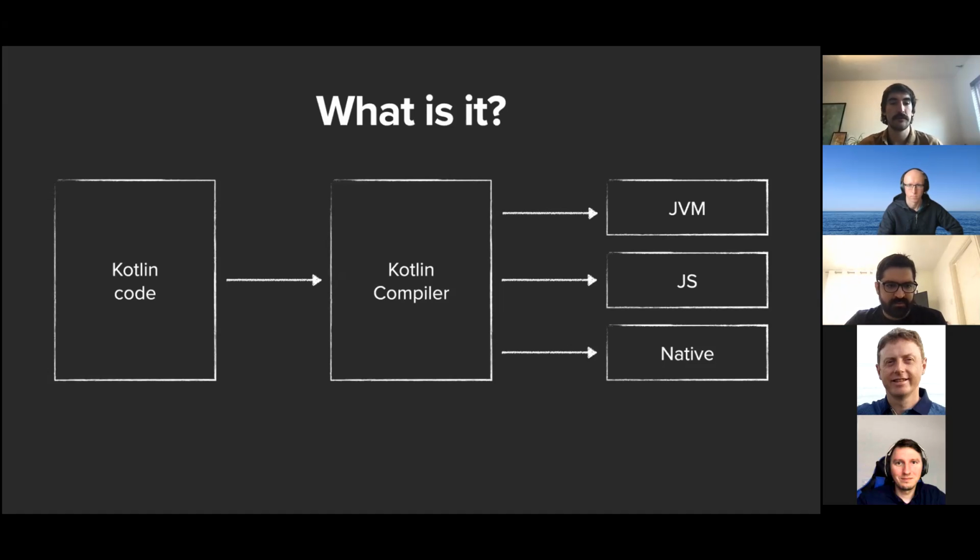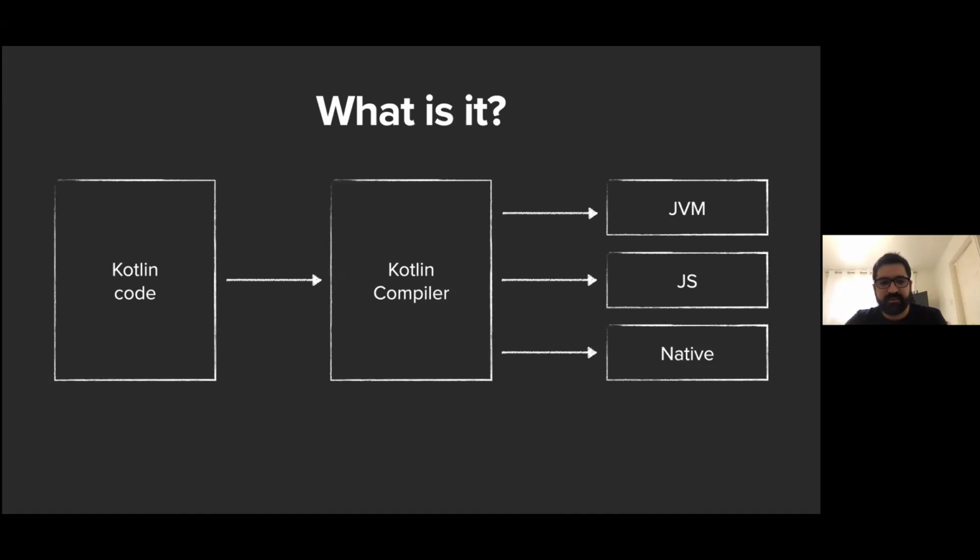In Kotlin, we write our code first, and then it goes through the Kotlin compiler, and then depending on the platform you're targeting, it's going to create the code that is needed for each platform. So it could be Java, JavaScript, or native.